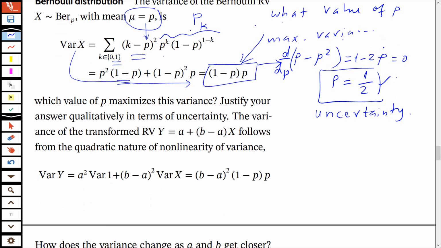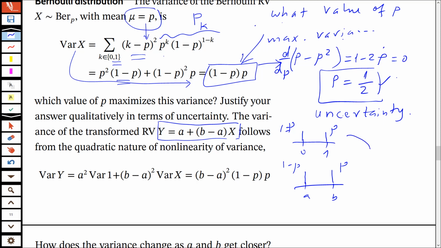If you want to use this result for a 2-point distribution, so instead of 0 and 1, you have a and b, without changing the probability, you still have 1 minus p here and p there. The probability of a will be 1 minus p, and the probability of b will be p. So you just recall the transformation which takes you from the Bernoulli random variable to the 2-point random variable.